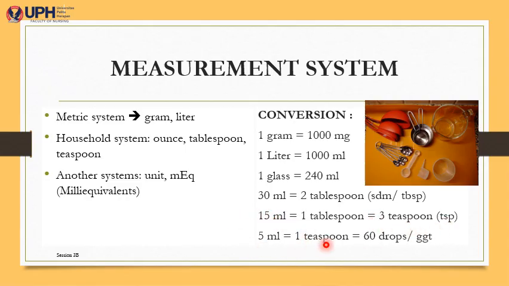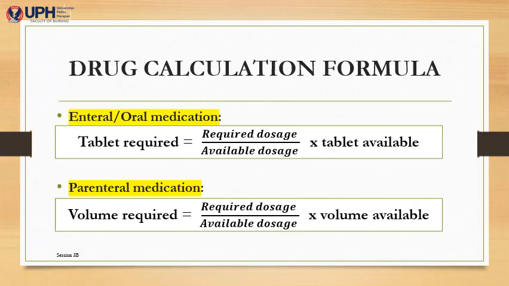And 1 teaspoon means 5 milliliter, and it's equal with 60 drops. And notice that this is what we normally use, the spoon, a little one, in the medication that we are going to give orally. And also sometimes we use a buccal, the one that we use to give oral medication.